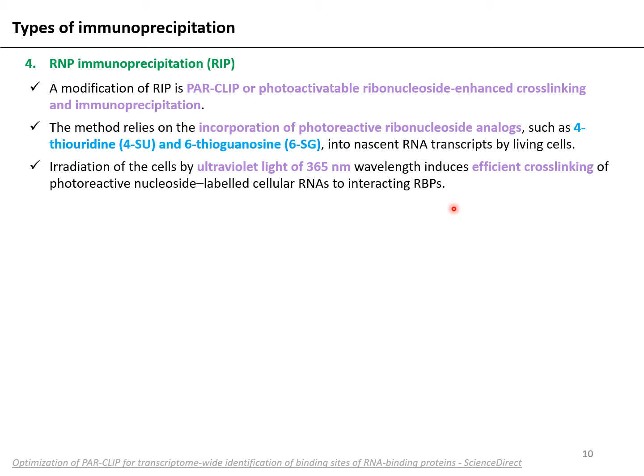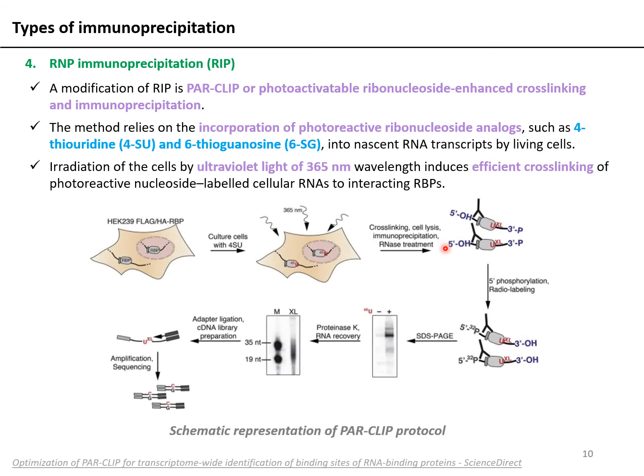So once you have these analogs incorporated into your RNA, when you irradiate such cells with UV light, these photoactivatable ribonucleoside analogs get activated, and whatever protein is present in close proximity will simply cross-link via interaction with specific groups of the amino acids. And now you have your RNA and your interacting protein cross-linked to each other.